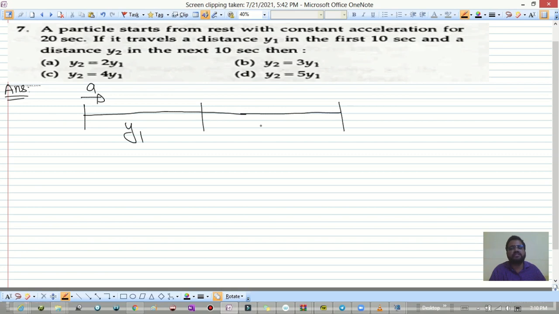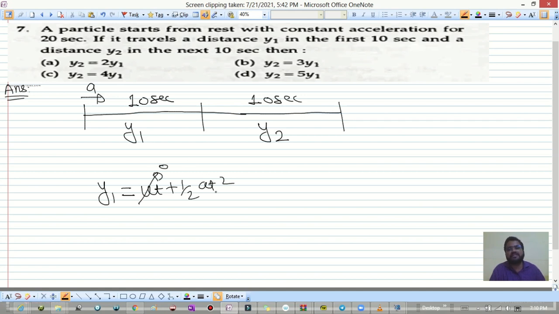It travels a distance y1 for the first 10 seconds and y2 for the next 10 seconds. Now what you have to do is, y1 is the distance, is equal to, write down the equation ut plus half at square. U is 0, so put t as 10 seconds and write down. Then y1 plus y2 is equal to 1 by 2 a into t square.